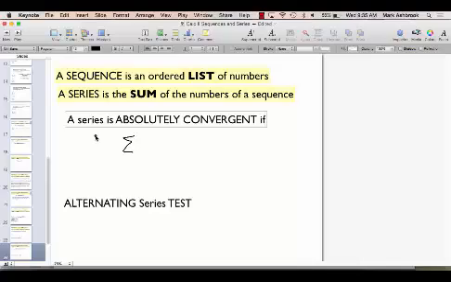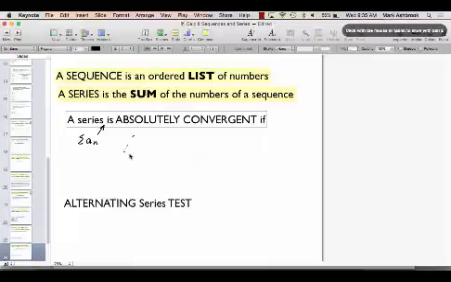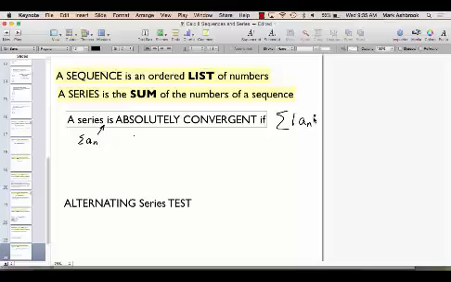So a series, the sum of a sequence a_n, is absolutely convergent if you were to take the absolute value of every single term of the original series and add those up, and if that series is convergent, then it's absolutely convergent.